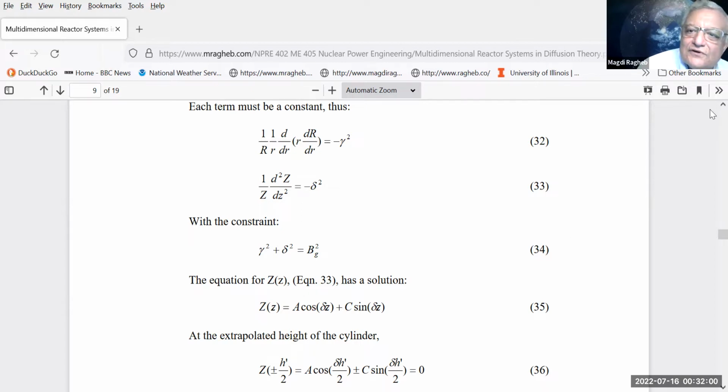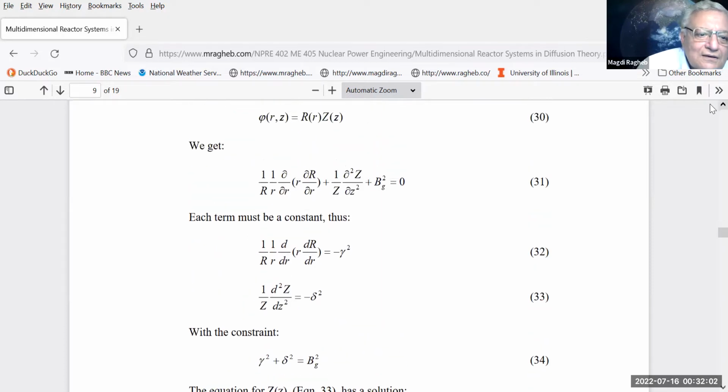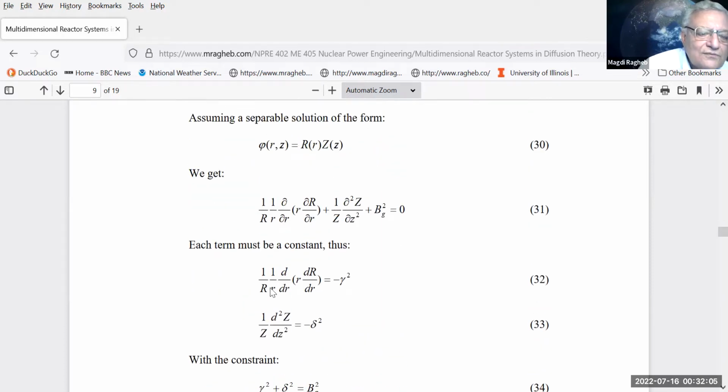It's a little more difficult in the r dimension because we get that form of the equation, 1 over R, multiplied by 1 over r, d by dr, d by dr, minus gamma squared is equal to a constant itself. Now notice that we suggested that in the z direction, it is a substitution like the omega squared in the simple harmonic oscillator. We called it delta squared, and in the radial dimension, now we are going to call it gamma squared. So minus gamma squared plus delta squared is going to be equal to the geometric buckling.